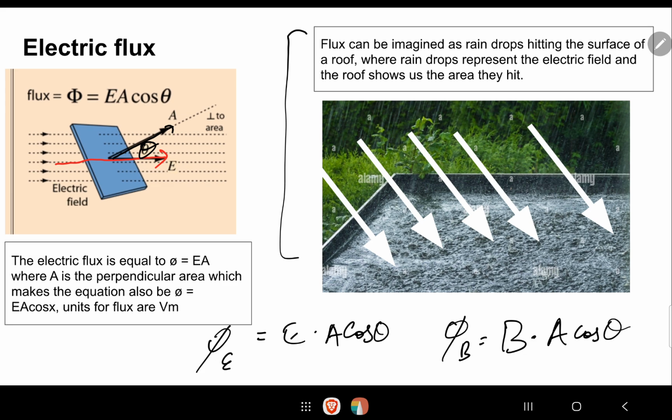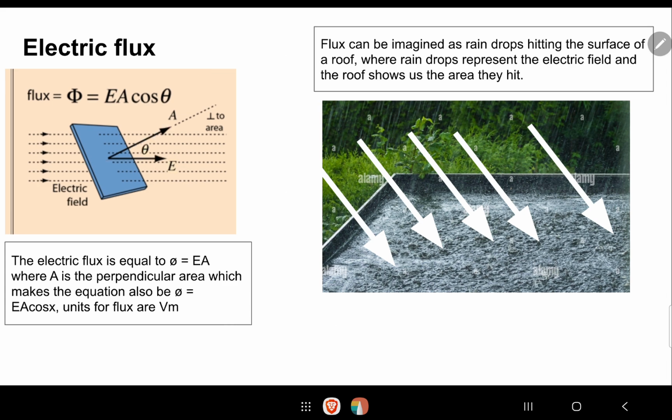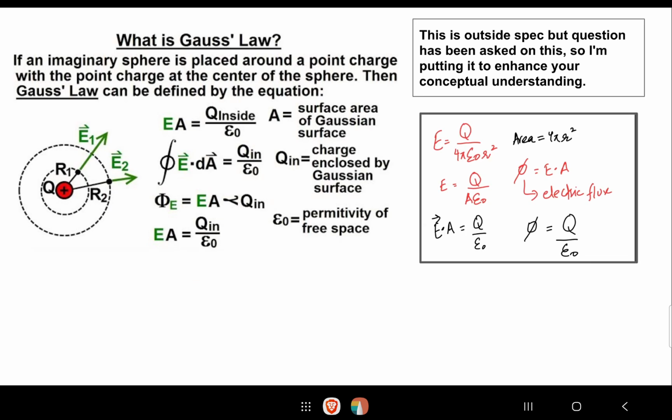So this concept of flux is really intertwined in physics, and specifically electromagnetism. Electricity and magnetism are very intertwined with one another. You have to note that as well. So they both are very connected. Okay, anyways, so that brings me to Gauss's law.